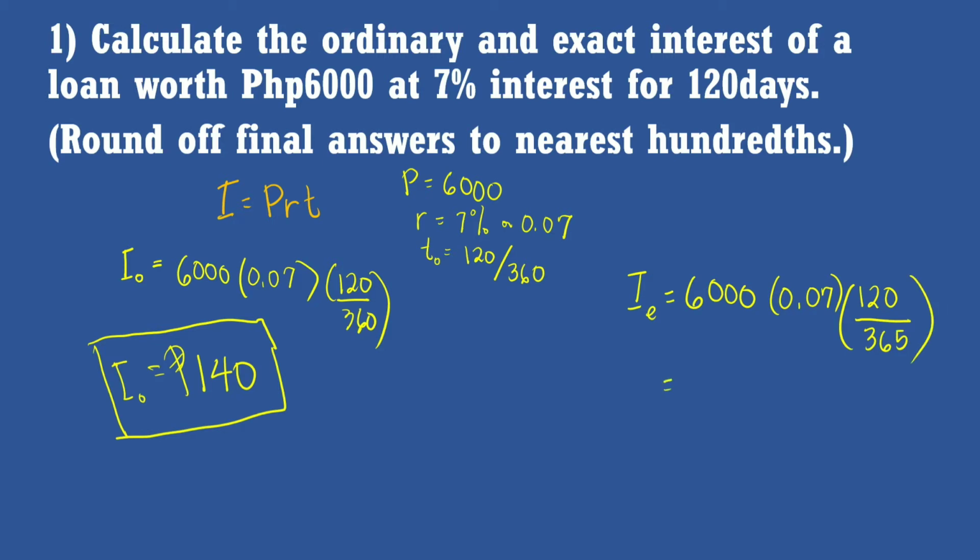So, 6,000 times 0.07 times 120 over 365 is 138.08 pesos. That is the exact interest. We can see here that you have to round off your final answers to the nearest hundredths, or two decimal places.